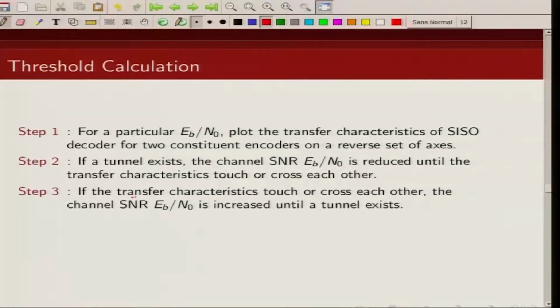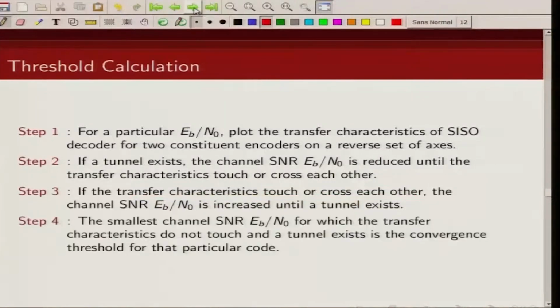So, if the transfer characteristics touch or cross each other, then we need to increase the SNR until there is a tunnel. The smallest channel SNR for which these two transfer characteristics, plotted on reverse axes, do not touch and a tunnel exists, is the convergence threshold for that particular code.